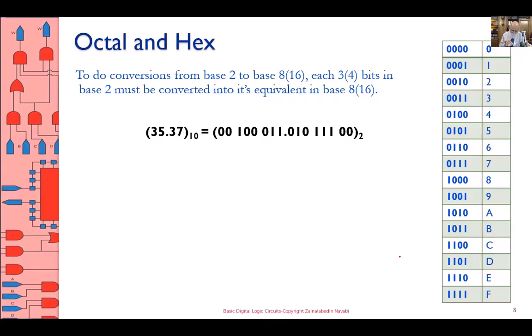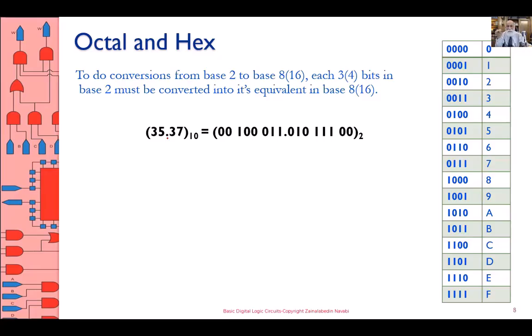So let's look at this number. This is 35. Octal works the same way, except that instead of 4 we have 3. Word length for today's machines, or back when the Intel 4040 was created in the early 70s, was a multiple of 4: 4-bit, 8-bit, 16, 32, and so on.